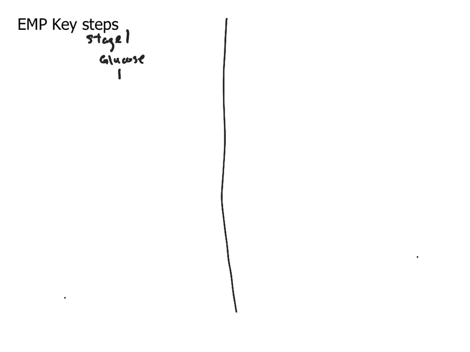All right, we'll start, we'll just split this. So for stage 1, again, we start with glucose. The first step is an irreversible step, and so it requires energy.